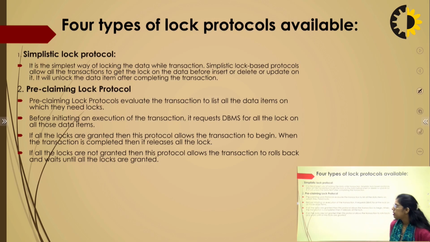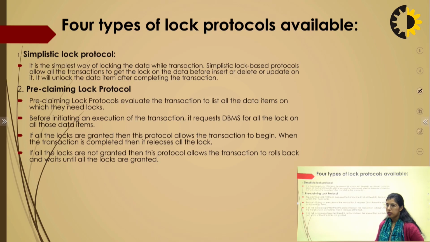In the second one, the pre-claiming lock protocol, it evaluates the transaction to list all the data items on which they need locks, firstly. Then, before initiating the execution of the transaction, it requests all the locks from the DBMS to lock all these data items.